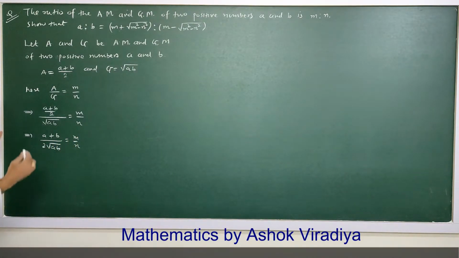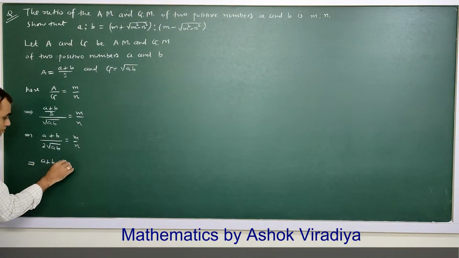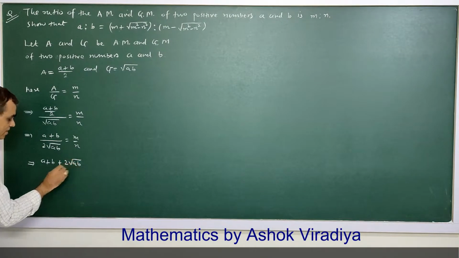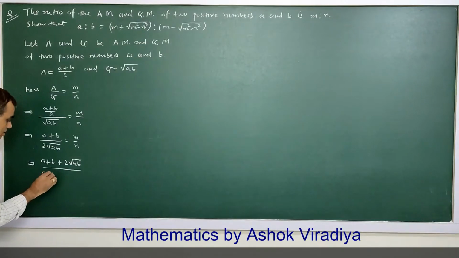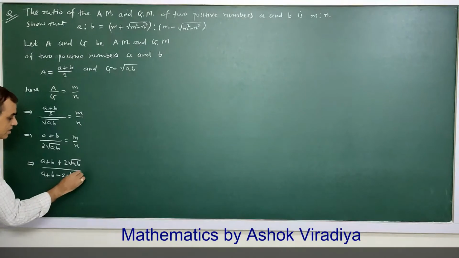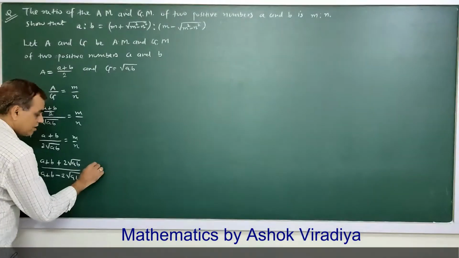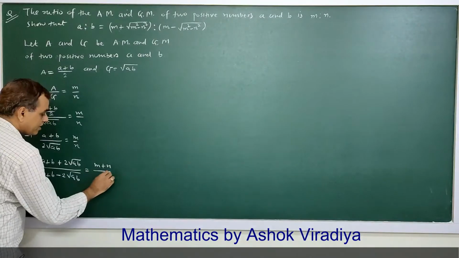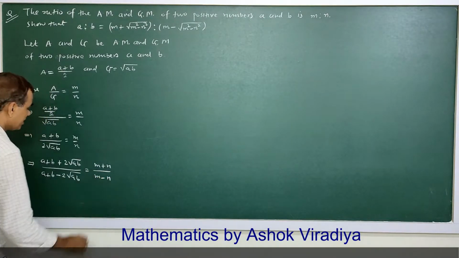Now we apply the componendo dividendo rule. So numerator plus denominator upon numerator minus denominator. Same on the right hand side, numerator plus denominator upon numerator minus denominator.